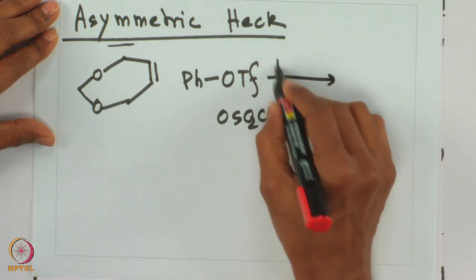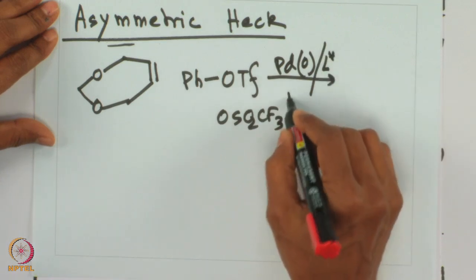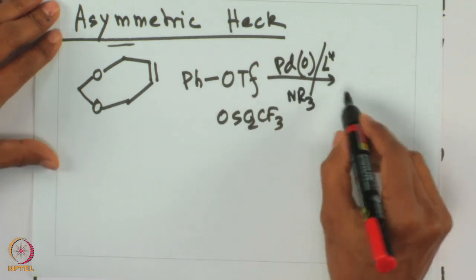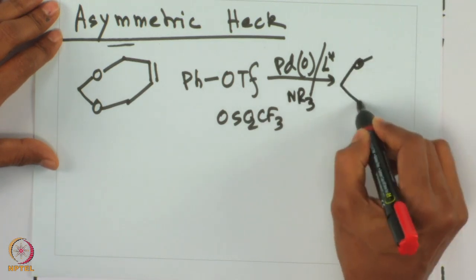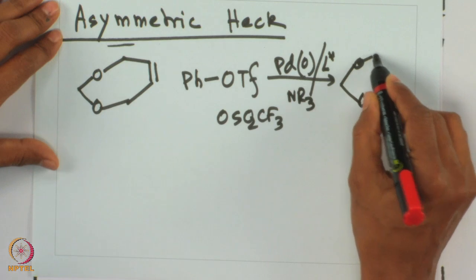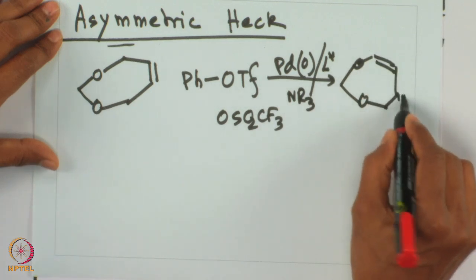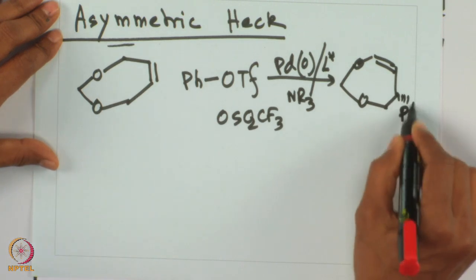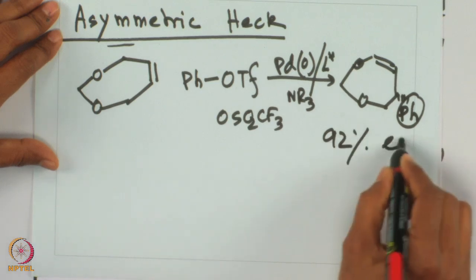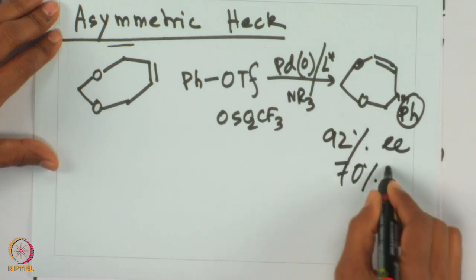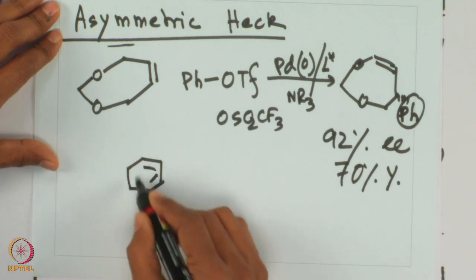During this process, if you are taking a palladium 0 ligand complex and an amine, NR3, as a base, what you get is quite interesting. This also gives you an idea that shifting of the double bond can be possible, and you have a phenyl group at this position below the plane. This is a 92% ee and 70% yield reaction.